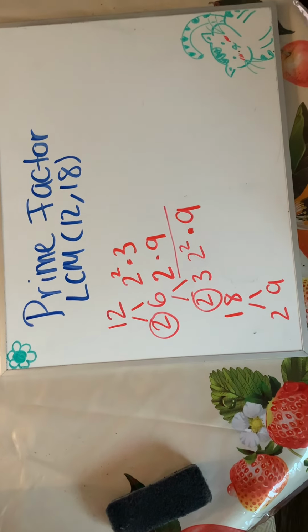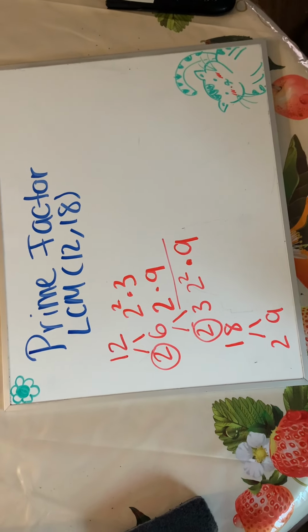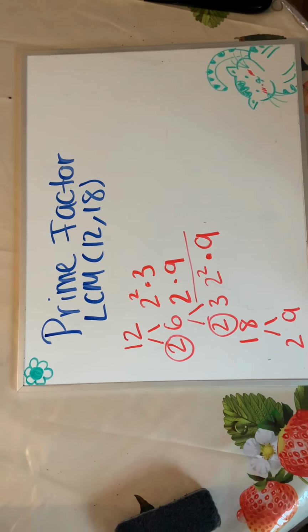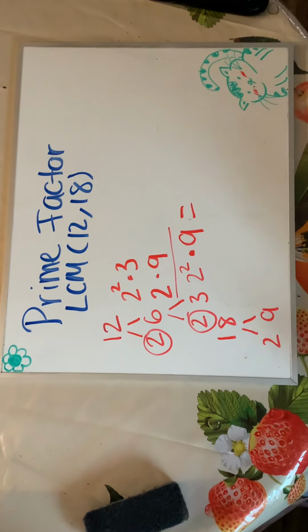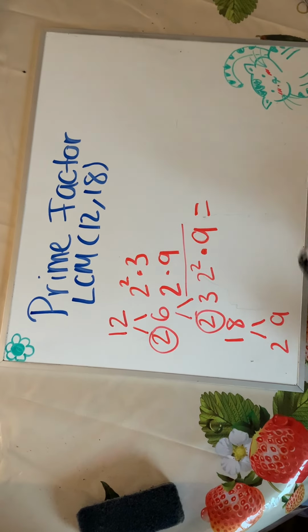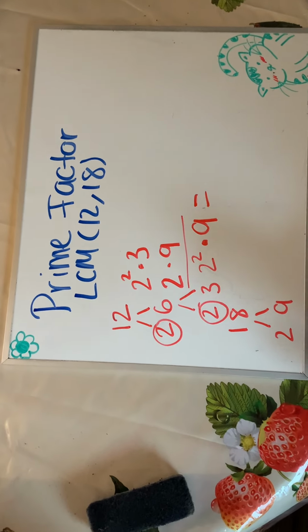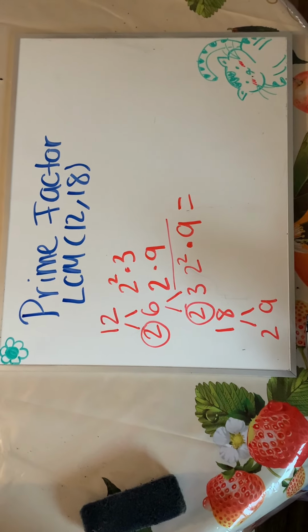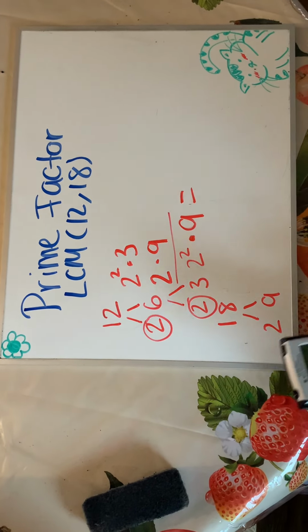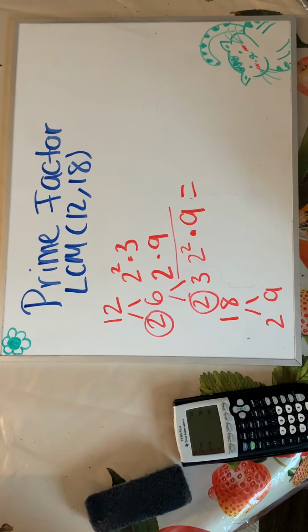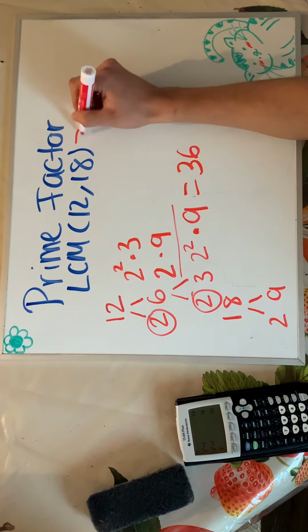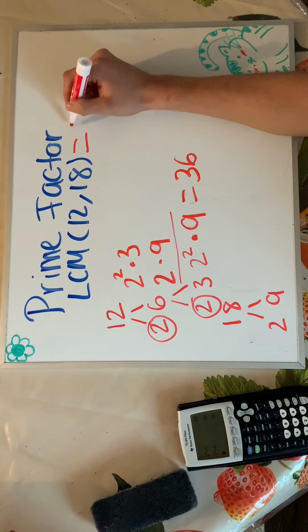So our LCM is 2 to the second times 9. You can leave it in this form, or you can plug it in the calculator. 2 to the second times 9 is 36. So the LCM for 12 and 18 is 36.